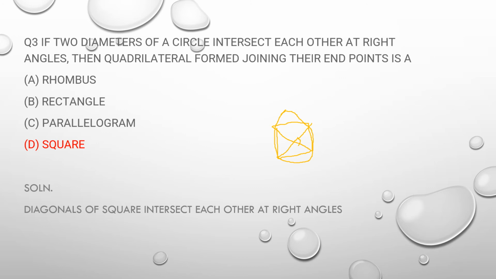As we know, for a quadrilateral whose diagonals intersect at right angle, it can be a rhombus, because diagonals of rhombus also bisect each other at right angle. But why is square the solution? Square is the solution because they are saying the diameters are there, so diameters must be equal in length. That means the diagonals of this quadrilateral are equal in length, which is possible for square and not rhombus.